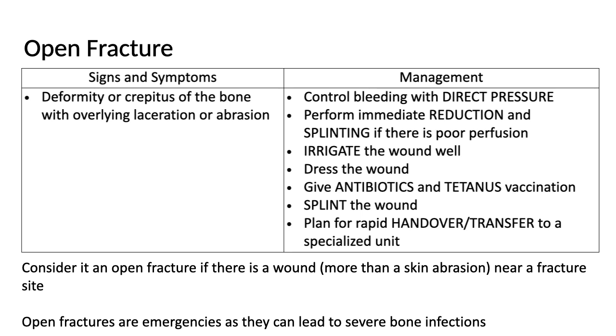If there is bleeding, you need to control bleeding with direct pressure, perform immediate reduction and splint if there is poor perfusion, irrigate the wound well, dress the wound, give antibiotic and update the tetanus vaccine, splint the wound, and then you need to see if you have appropriate consultation or you need to transfer this patient.